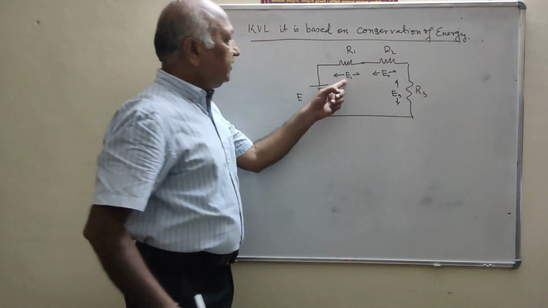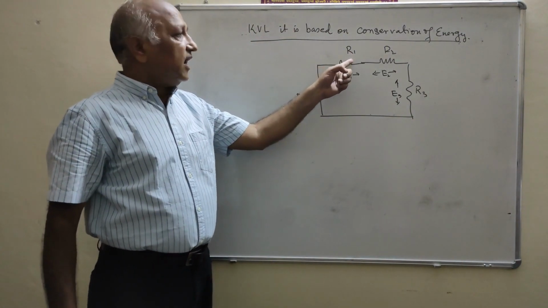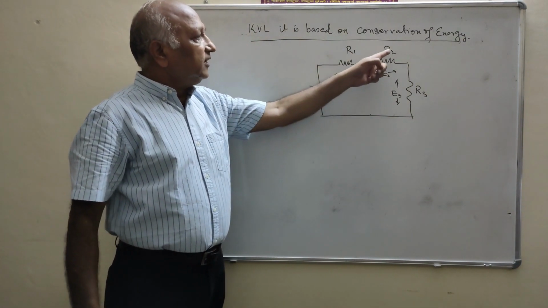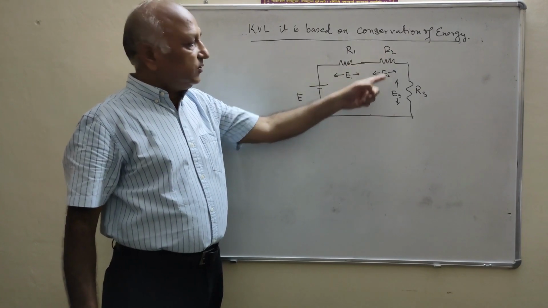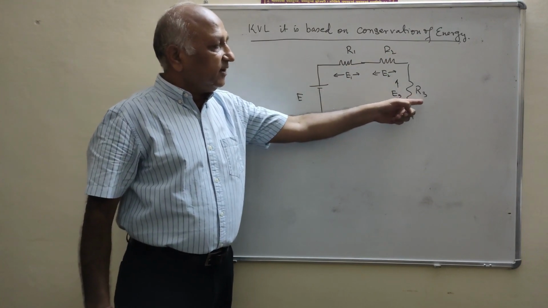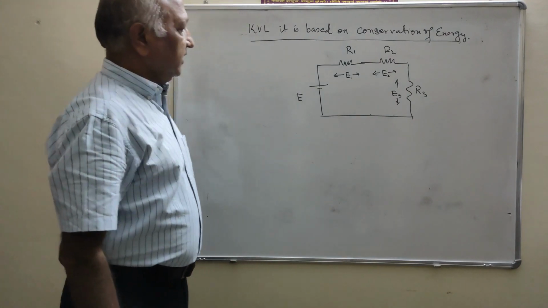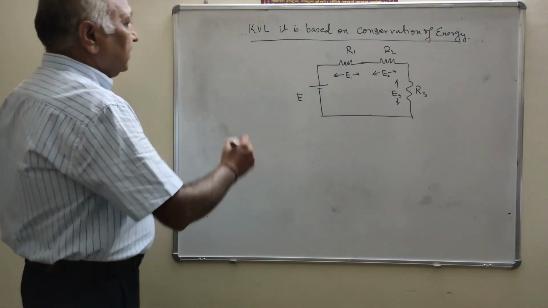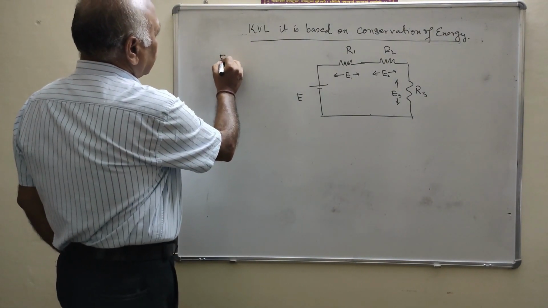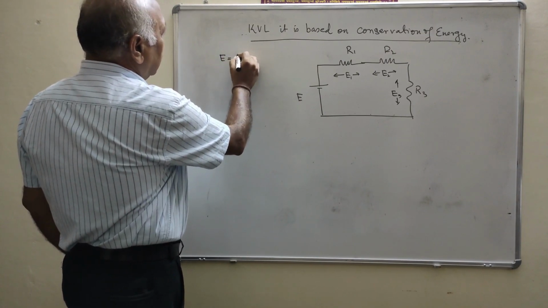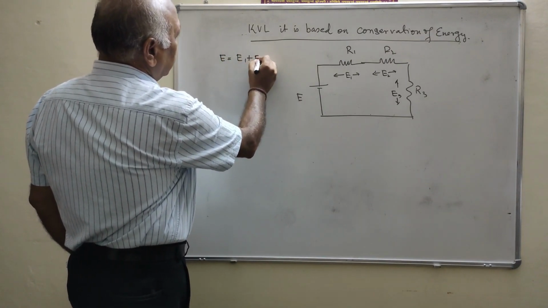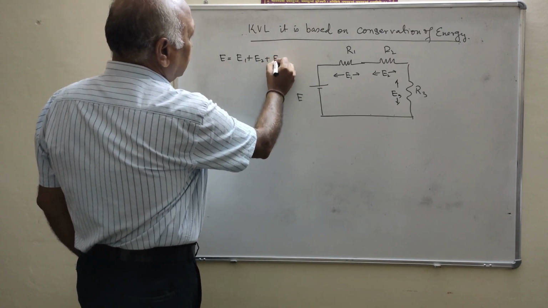What is the E1? It is the voltage across the R1. What is the E2? It is the voltage across the R2. And the E3, it is the voltage across R3. What is the E? That is equal to the E1 plus E2 plus E3.